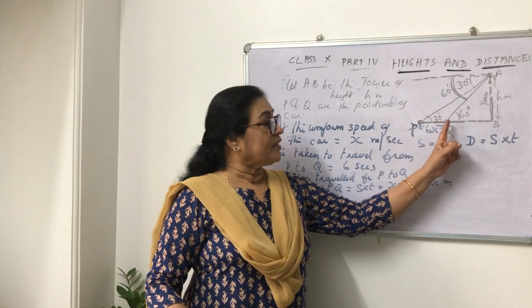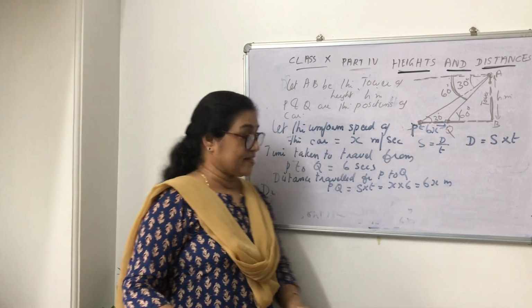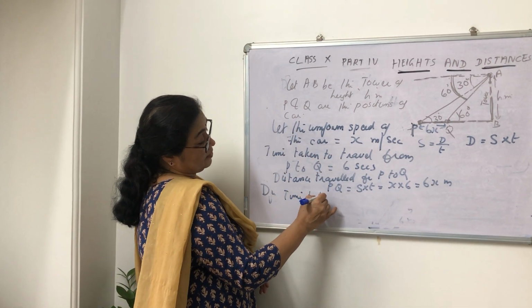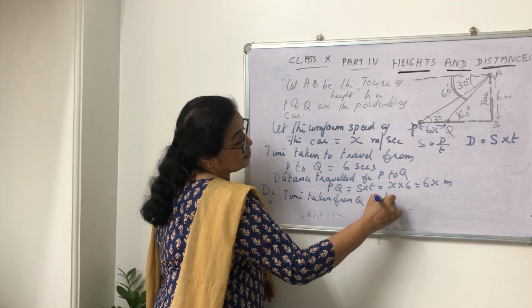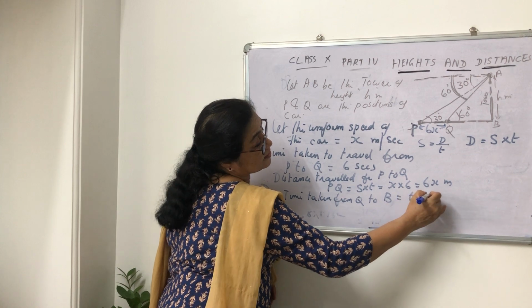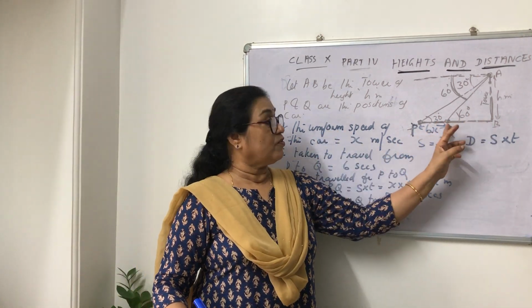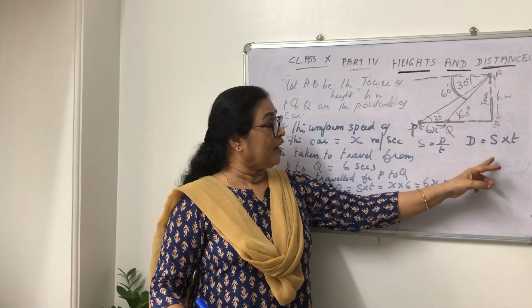Now I am taking the time taken from Q to B as t seconds. Therefore, what is the distance traveled from Q to B? That is QB, equal to speed into time.